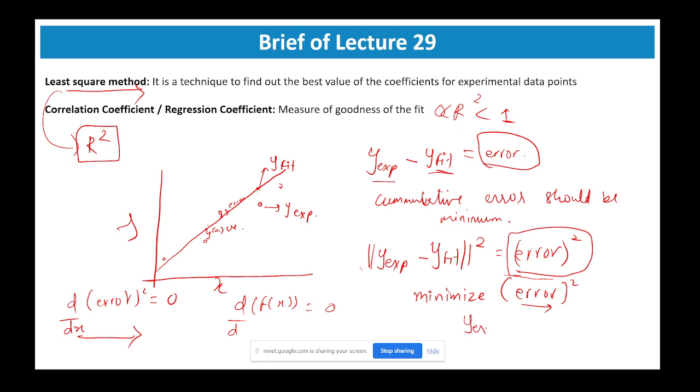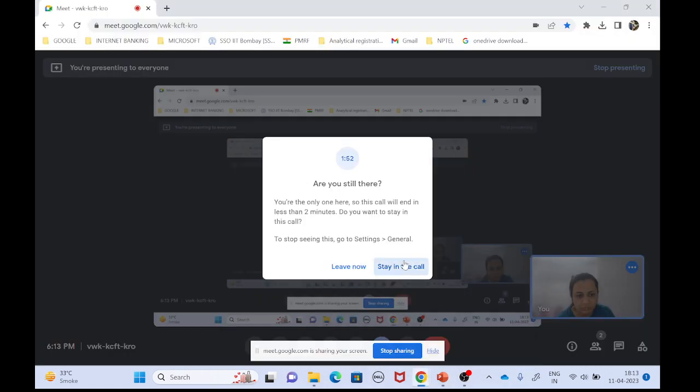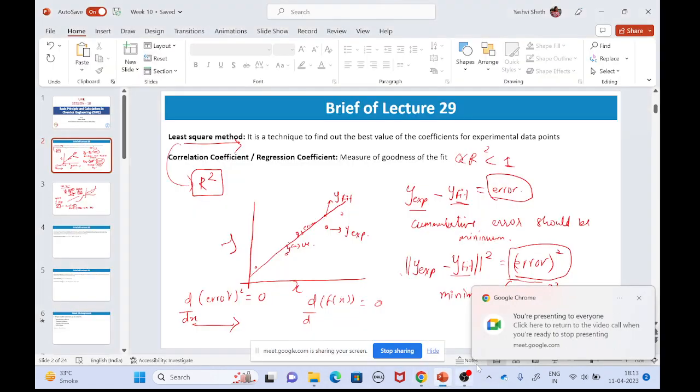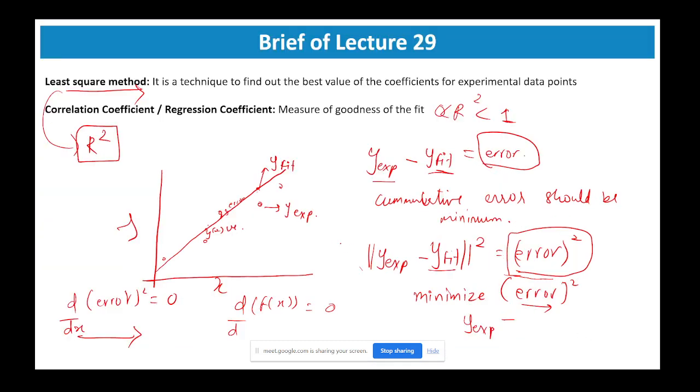So y experimental will obviously be a data point, and y fit is nothing but, let's say we need to fit a linear correlation, then it will be b0 plus b1x, for example.